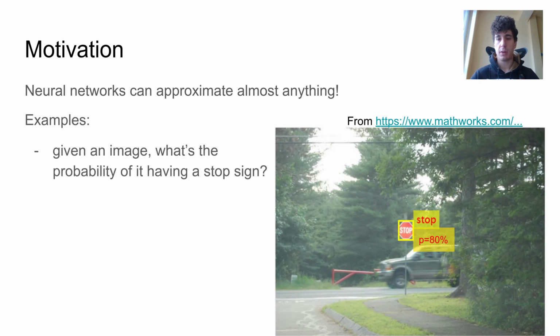So, for example, if we want to predict in an image if there is a stop sign, we can use neural networks. So this can also help driverless cars. Here, we want to estimate the probability of a stop sign being in an image. And the inputs would be the image itself, the image pixels.